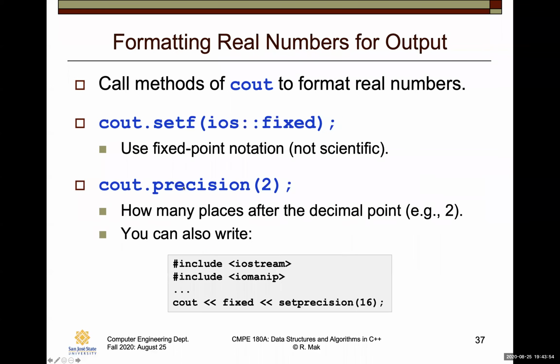Now, when you write out numbers, you want to be able to specify whether it should be written in fixed point notation, meaning a decimal point in the number with a fixed number of places afterward, or in scientific notation, which, if you've programmed in many languages, is basically an exponential.